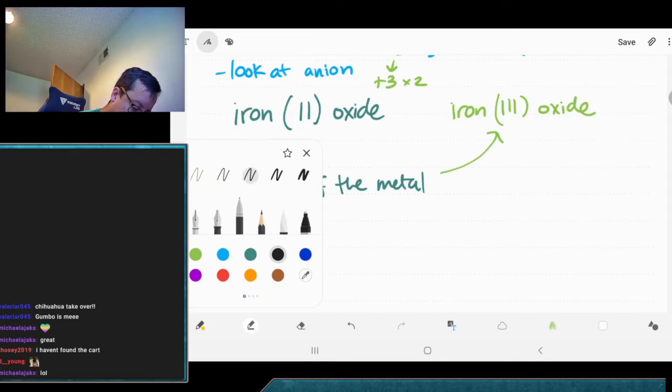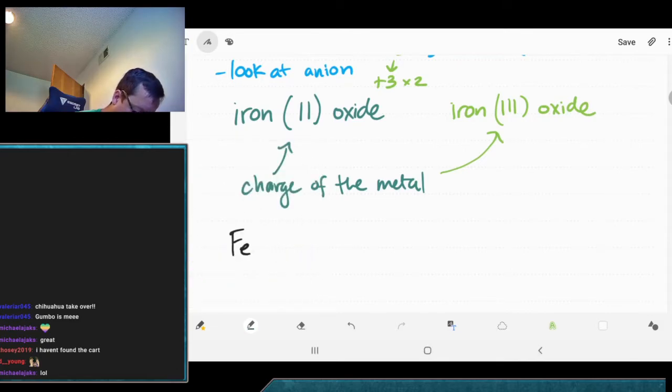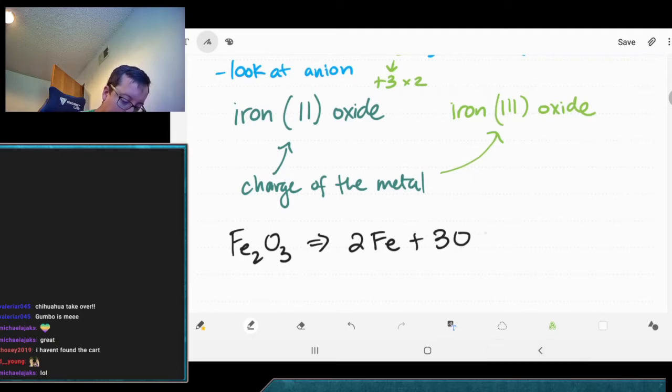If we take a look at the second one, another way to think about this, we could say, okay, well, we've got 2 irons and 3 oxygens. We know that that has to be neutral. They cancel out. There's no charge overall. We know that oxygen is -2.